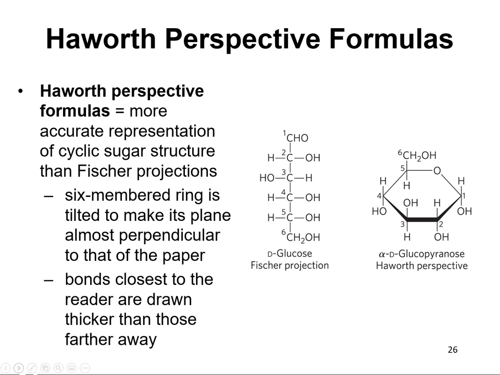Haworth projections, or perspective formulas, are another representation of a carbohydrate. These are more accurate for representing the cyclic structure than a Fischer projection. So you'll notice that you've got a difference in thickness of these different bonds that are drawn.